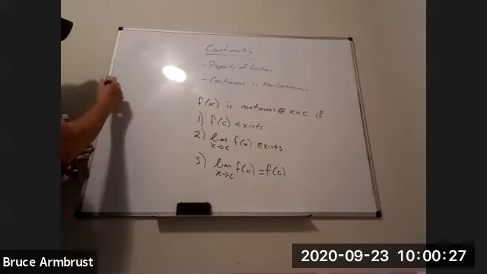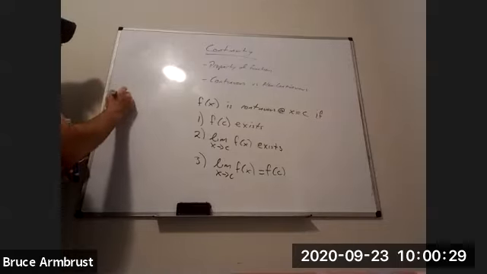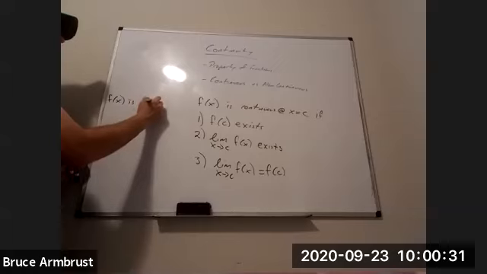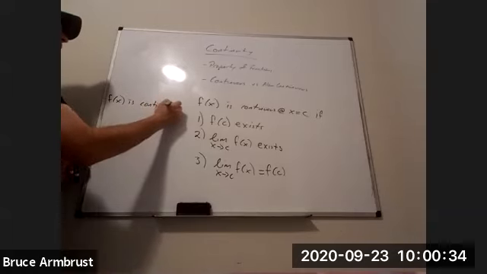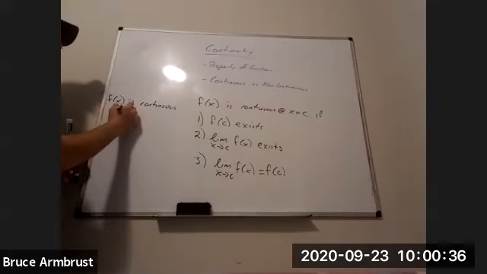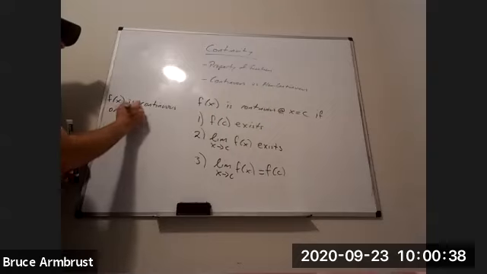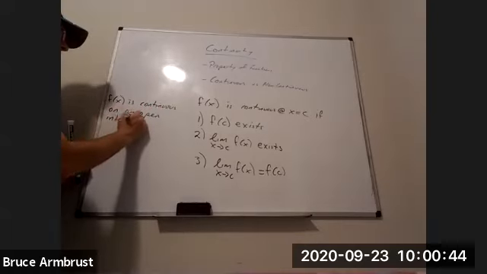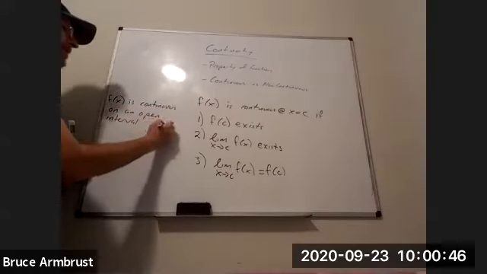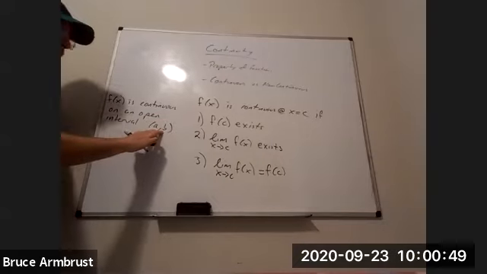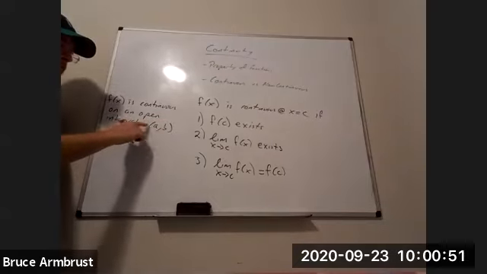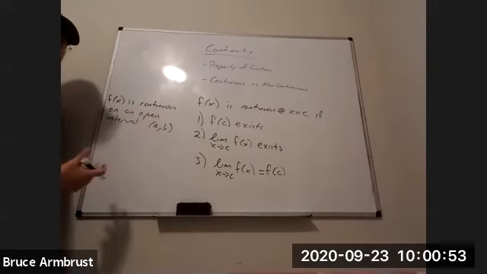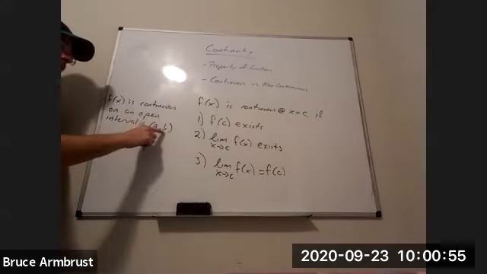Okay, so we say that f of x is continuous on an open interval (a, b). So just think A and B are numbers. Open interval just means that we're not including the endpoints. Okay, so that's why I use parentheses here.